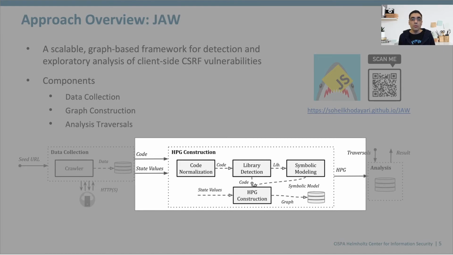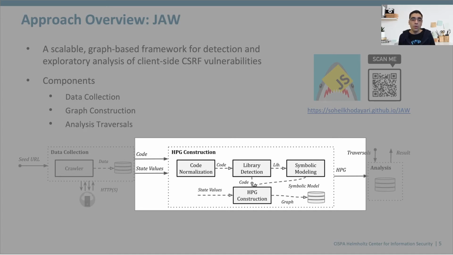Then for each web page found, JAW will instantiate a property graph given the code and the state values. To do that, JAW first creates a normalized JavaScript program by concatenating code segments inside script tags and inline scripts, preserving the execution order of the program. Then, using the data collected by the third-party library detector module of the crawler, JAW will symbolically model each library.